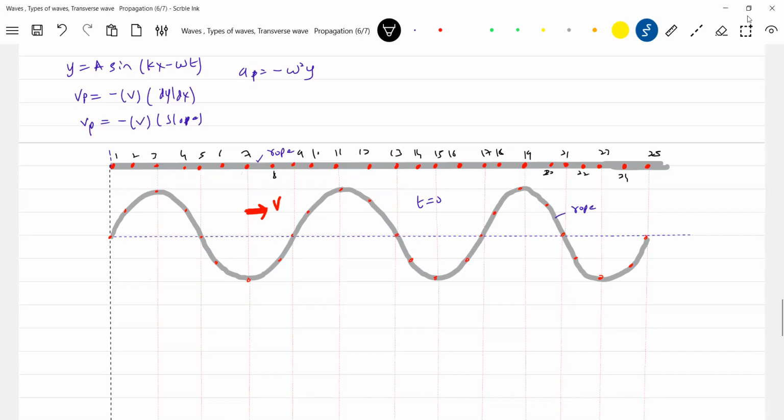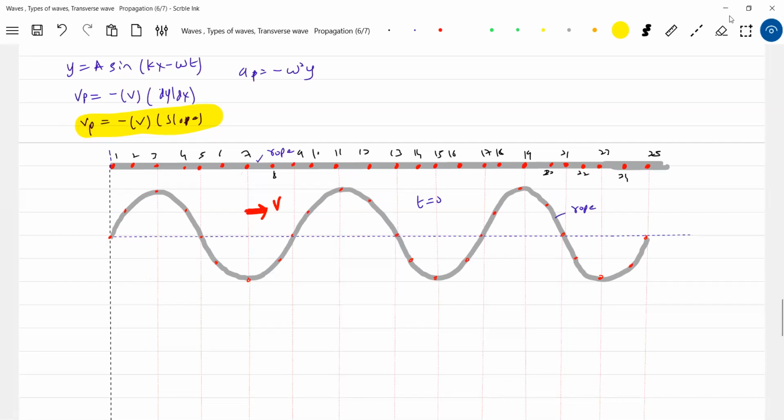Now can we say at this instant of time how the various points on a rope are moving? I'll take help of our old discussion, this particular thing. With the help of this, we are going to predict it. Okay, let's come to point 1. The wave is moving towards right. So we are going to put positive. What is the slope? Slope will be positive. So if v_p is positive, it means moving up; v_p negative means moving downward.